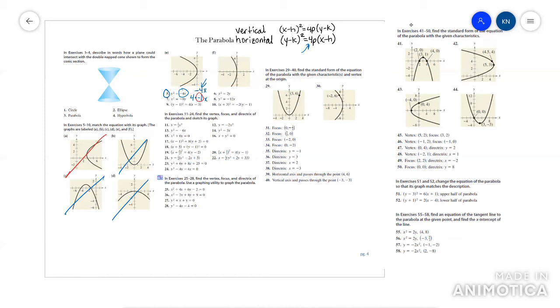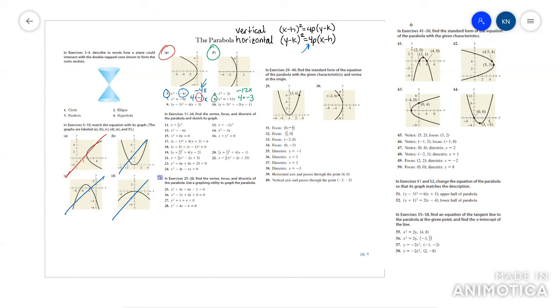In terms of which one of these it would be, if it's just a negative 1 p-value, it's not much of a stretch or a compression. It's going to be E. The opposite of that, which this one would be, F, would be like this one, because you would say, okay, I have negative 12x, divide that by 4, you would get 4 times negative 3.